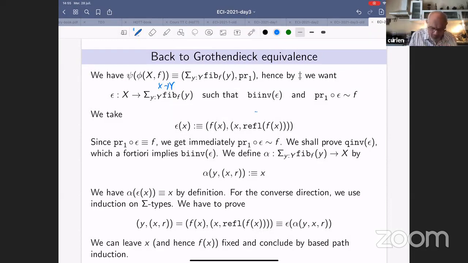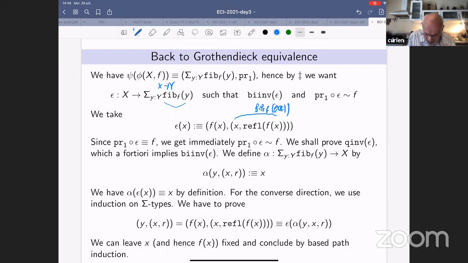We want an element in this fiber, the fiber for F of X. So here we look for an element of the fiber of F at F of X. We look for elements, let me call them X prime, such that F of X prime is equal to F of X. But there is one in particular, which is X itself, and then I take refl of F of X. So this checks properly.